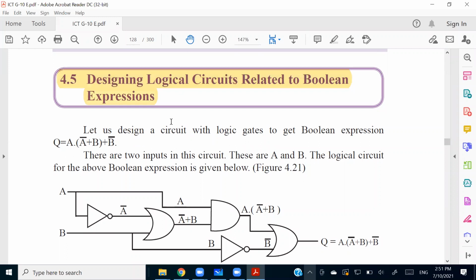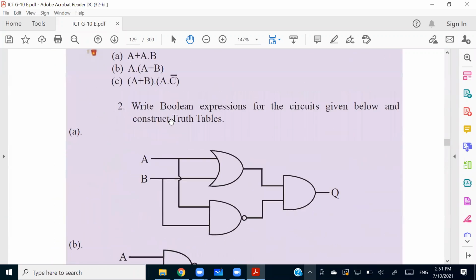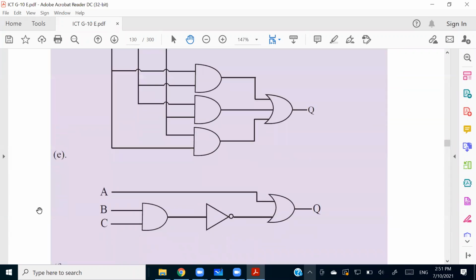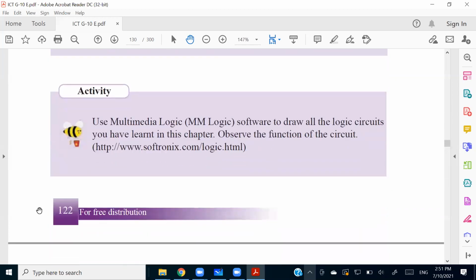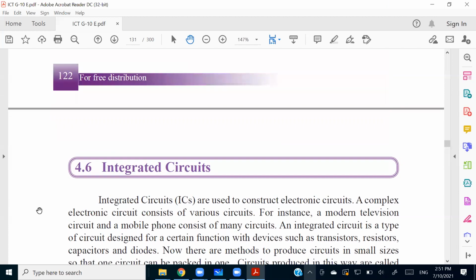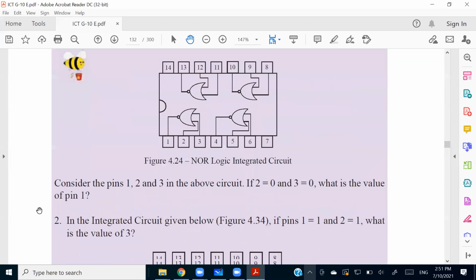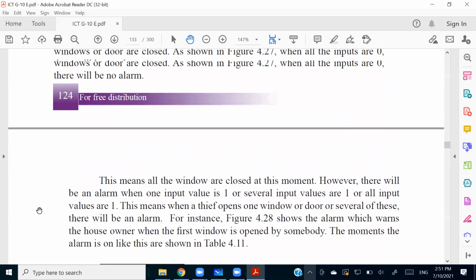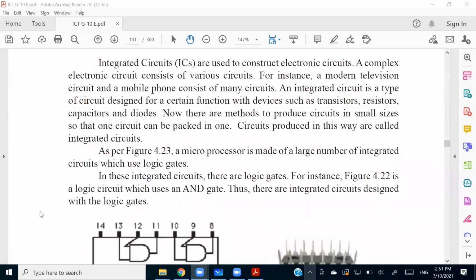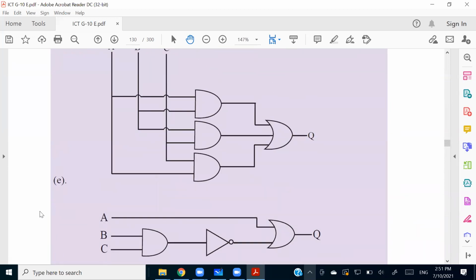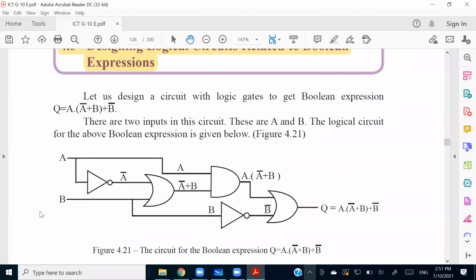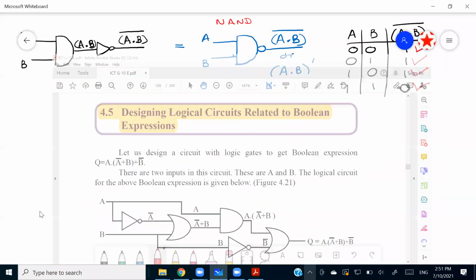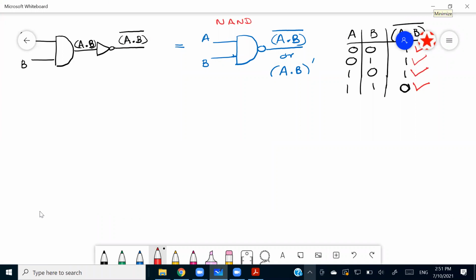Have this heading, people. I'm sorry. So this is the way we are going to draw or construct a particular circuit.